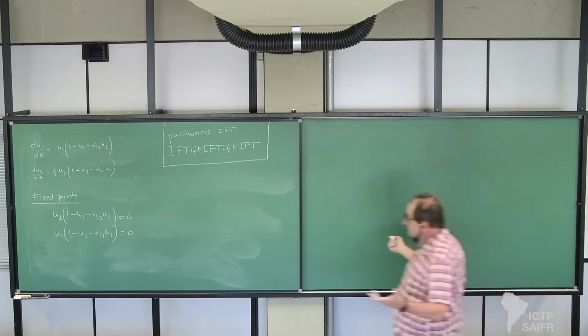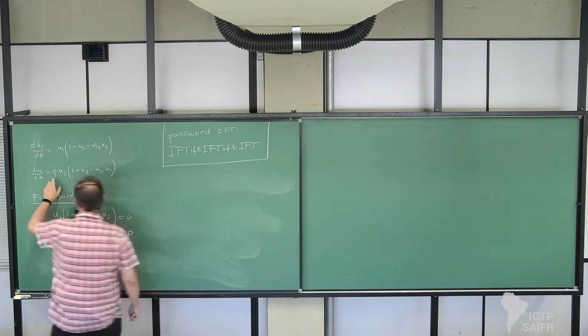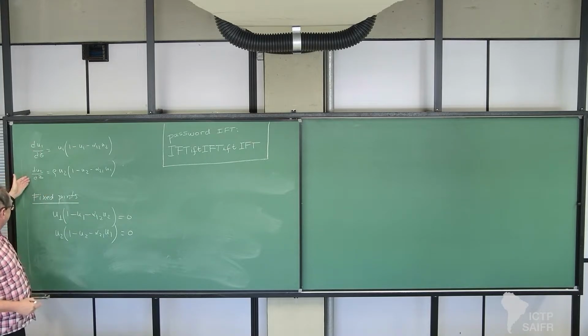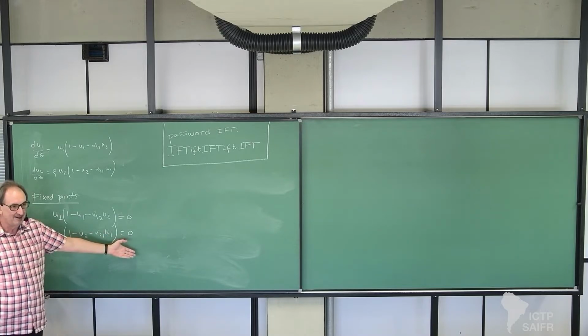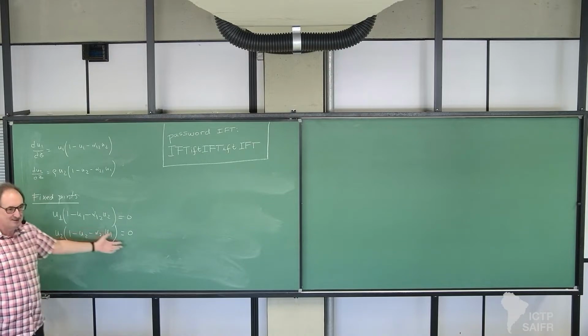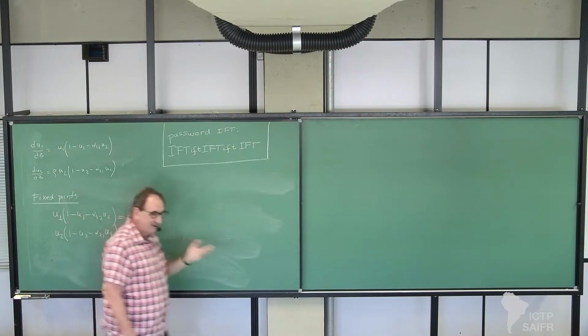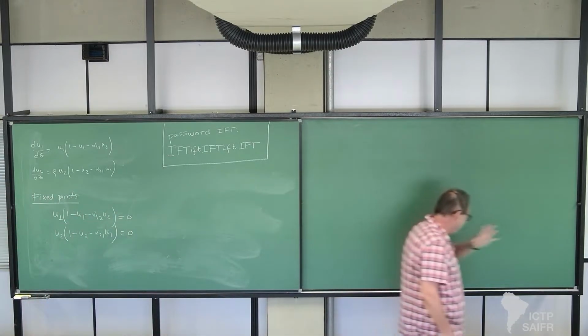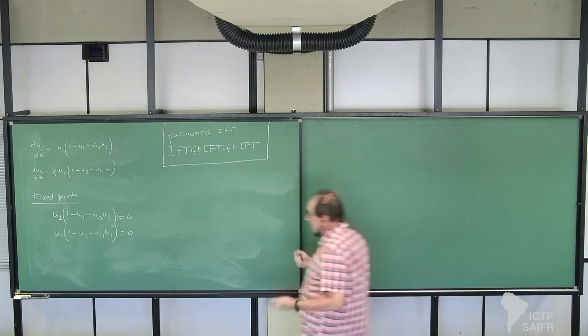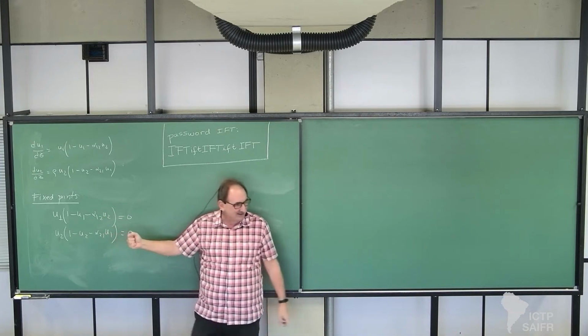The rho disappeared. Further magic. If this is 0, I can put a rho here, but if rho is not 0, it doesn't care. It's a non-zero thing multiplying something that has to be 0, so I can forget it. Very good. Rho disappeared. We have only 2 parameters, better and better. The only parameters are the competition parameters.